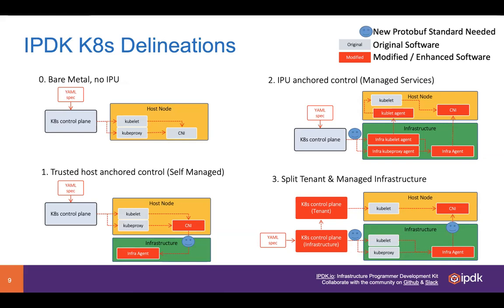If one of the goals is to really minimize the changes that the end user and/or the administrator has to deal with in order to adopt these offloads, then, if that's a goal, maybe it's not a goal for OPI, I don't see how you get adoption without that goal. Then you really do need to be thinking about starting with an existing solution and not building out your own.